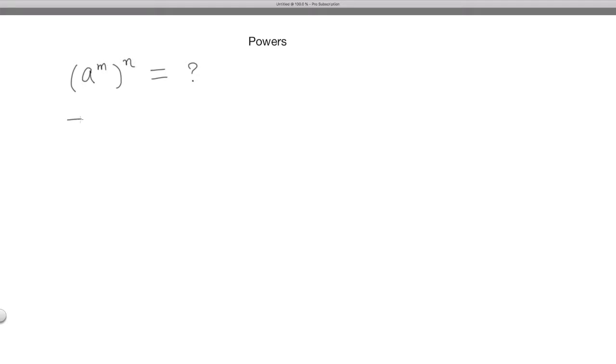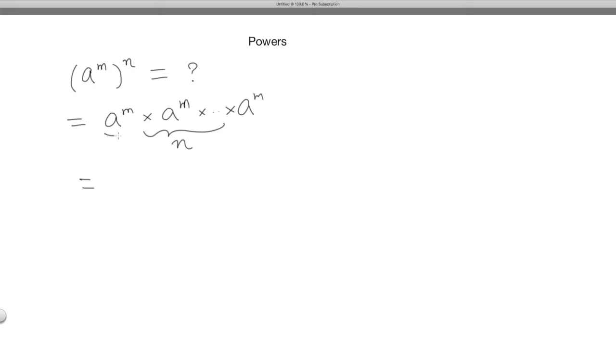This is really equal to a to the power m times a to the power m times a to the power m, n such terms multiplied together. Agree with that? That's the definition: anything to the power n equals that thing times that thing, n such things multiplied together.